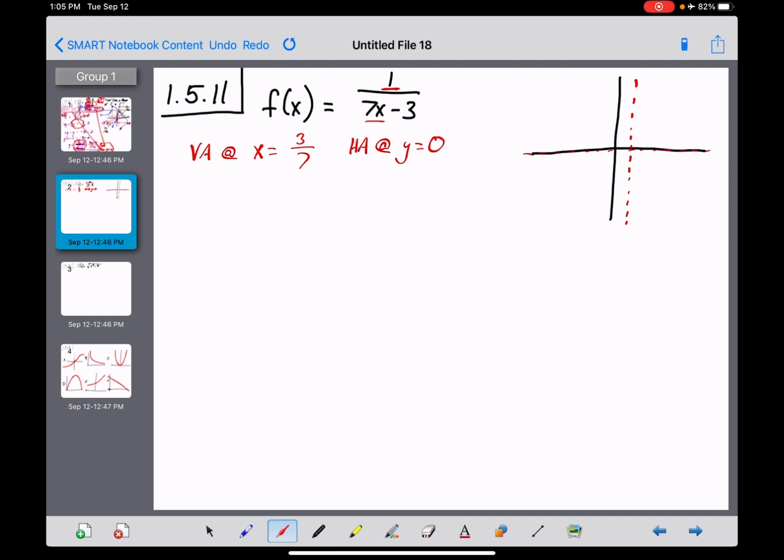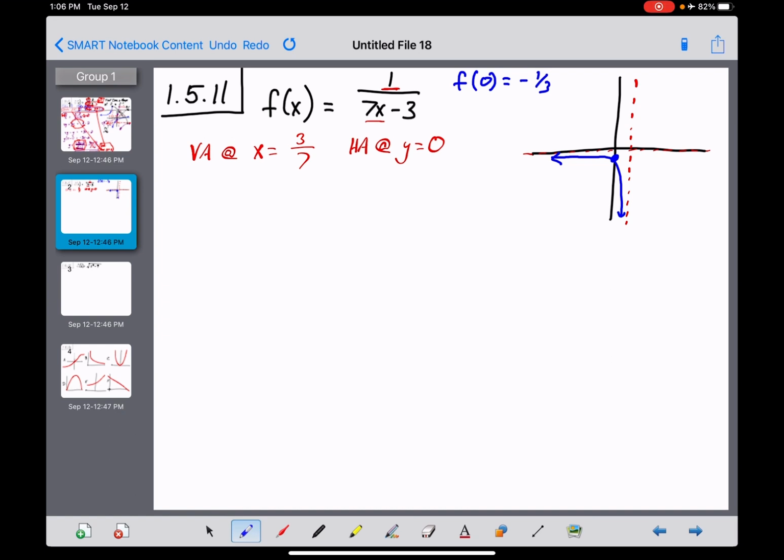So there are the two asymptotes, and if we thought about just a couple of points right here, like for example f of 0, that is going to get us a 1 on the top and a -3 on the bottom, -1/3. So I get a point that's located right about here. That tells me that this hyperbola exists in the lower left-hand quadrant formed by my two asymptotes.